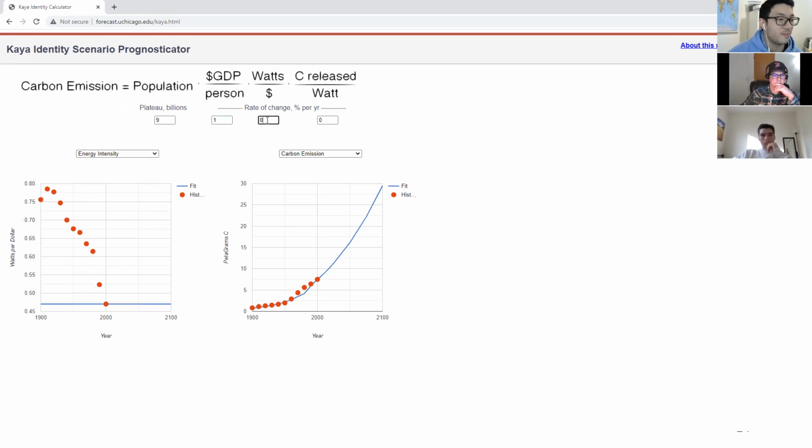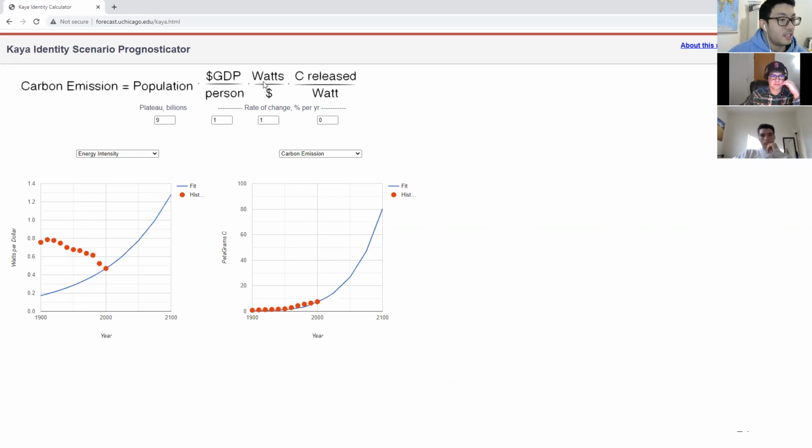That's the difference: each of the different parameters is located in the box under it. If I wanted to change these, you can see the overall impact on greenhouse gas emissions, starting from all of these years and moving forward.